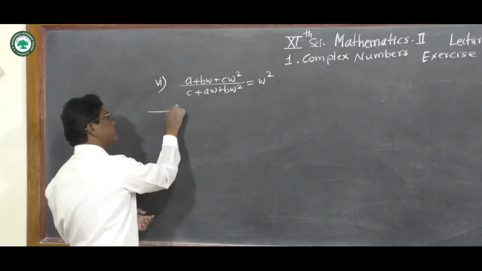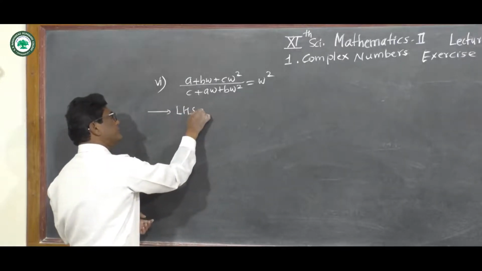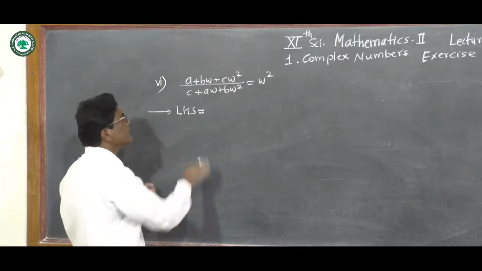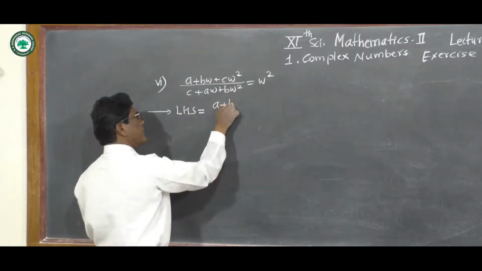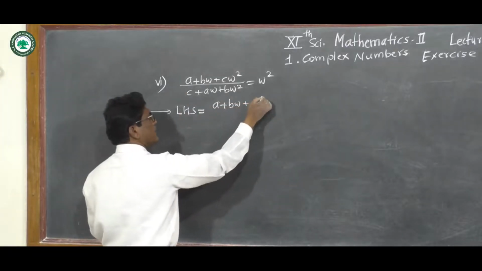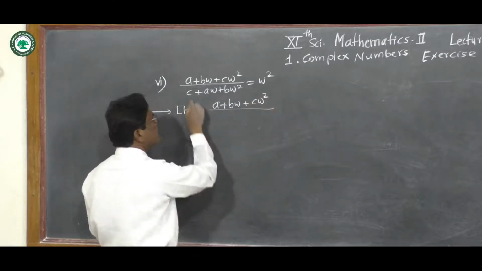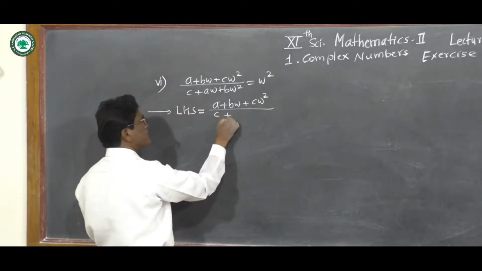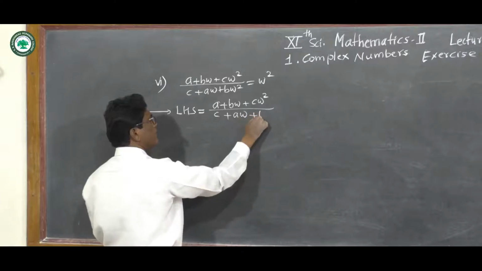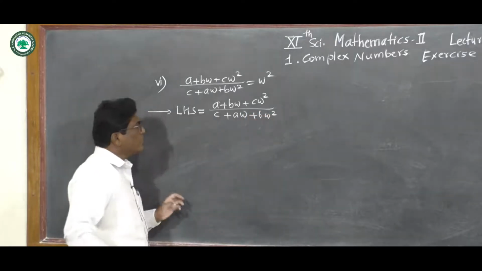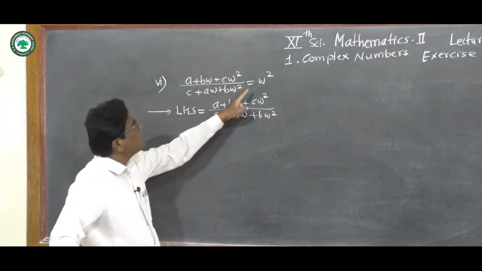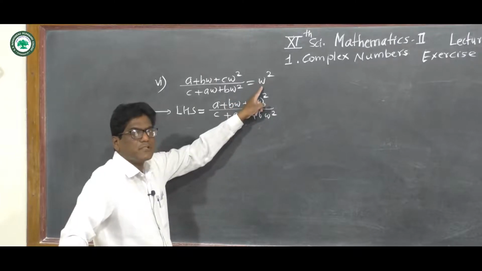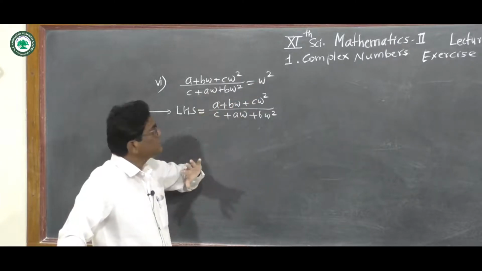Consider left hand side. LHS is equal to numerator A plus B omega plus C omega square, divided by C plus A omega plus B omega square. Now we have to show that it is omega square. Right hand side is omega square, so the answer should be omega square.